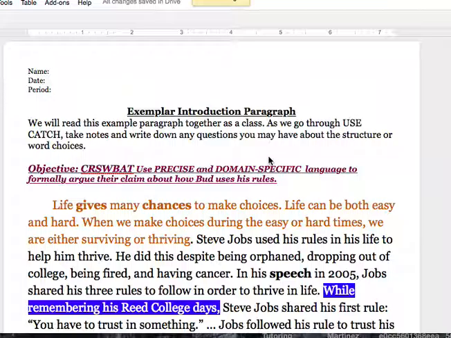Give that reader an idea of what you're talking about. Secondly, introduce the book and the character Bud at least, and why he creates rules. That's a good place to start. And then lastly, you end with your claim statement, just like we do with our intros and document-based questions, using those skills and transferring them over into English. Good luck.